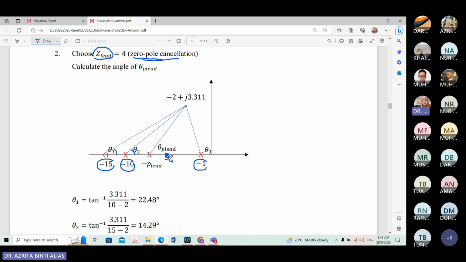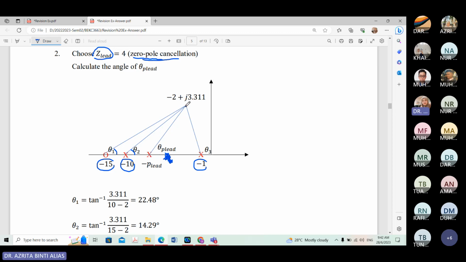The angle contribution becomes 0, since the angle contributed from the pole is a negative value and the angle contributed from the zero is a positive value. That's why it is known as zero pole cancellation. So we can just ignore this pole and zero. Then we also have the P lead, since we want to find the location of the P lead. So please remember to draw the P lead as well.